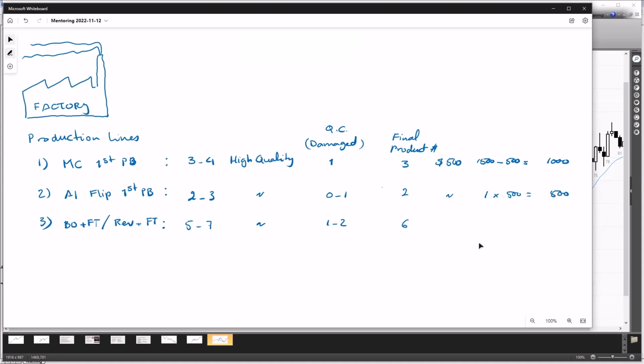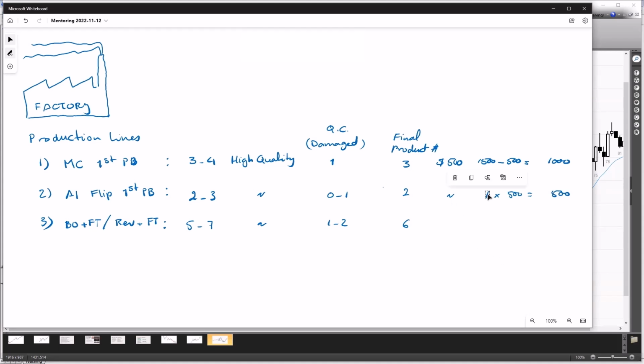Or if I write it like the other ones, it's going to be 1,000 minus 500. And for the last one, it's 6. 1 or 2 is damaged. So that's 3,000 minus 1,000, or 3,500, something like that. So 2,000 here. And then our end of day sale or production is 3,500.